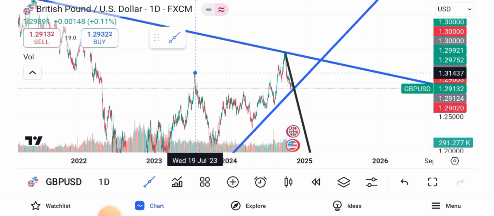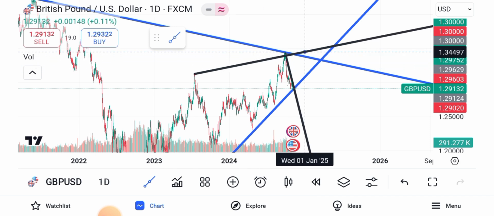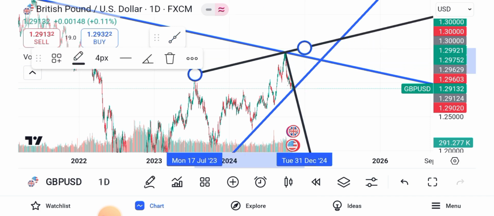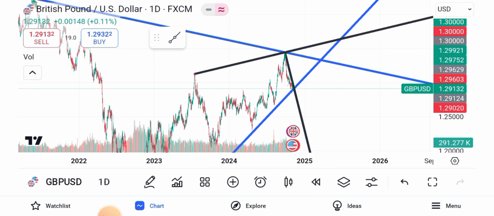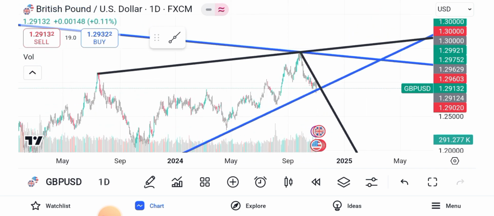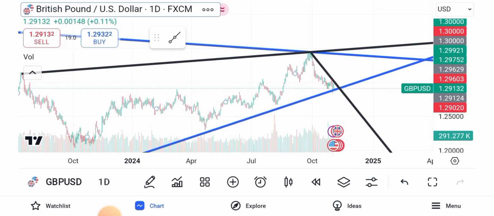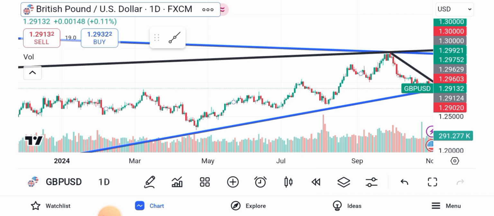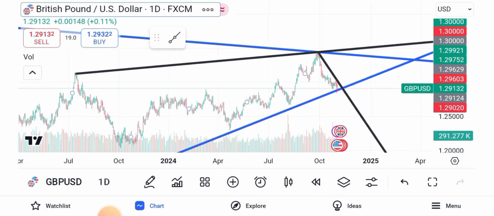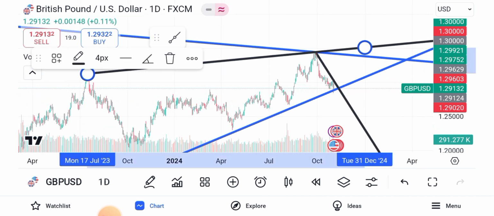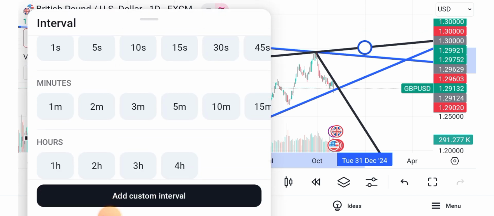Recent price should be maybe here up until here. Okay. Those are my two touch points there. The highest touch points. I'm gonna go to my 4-hour chart.